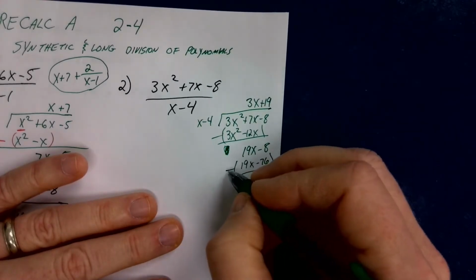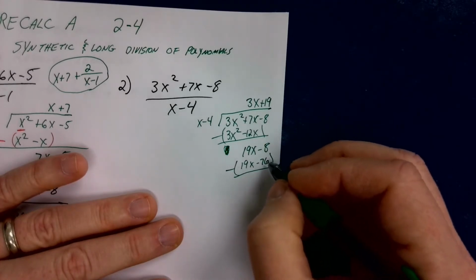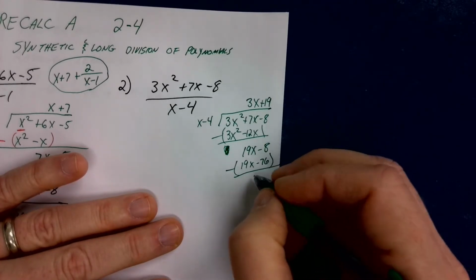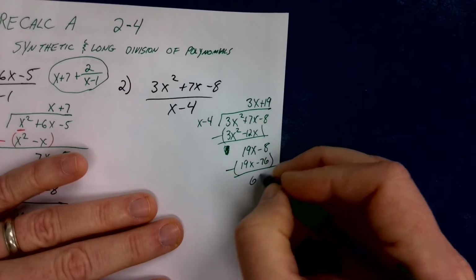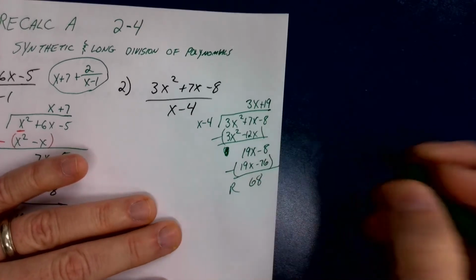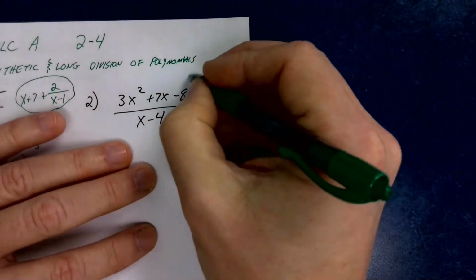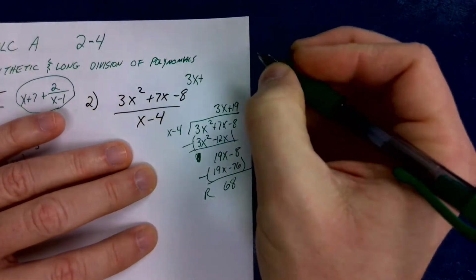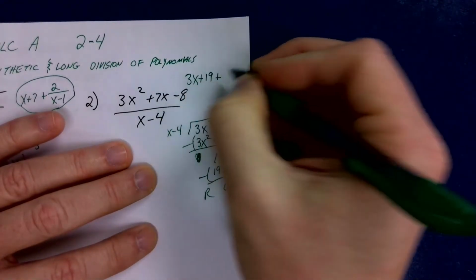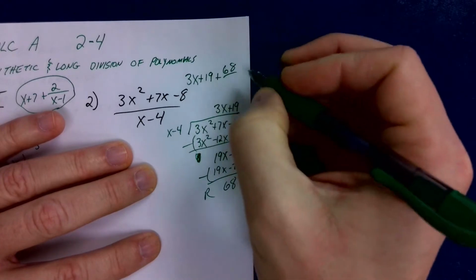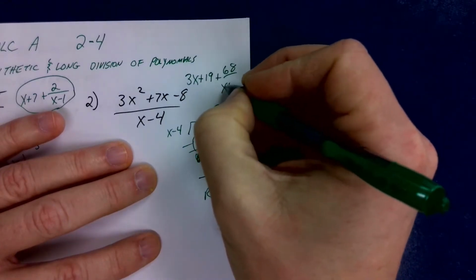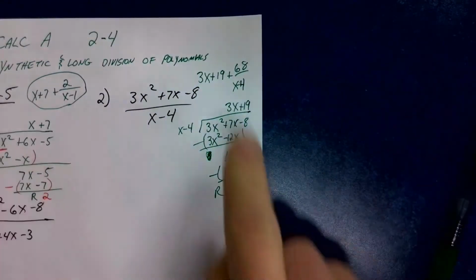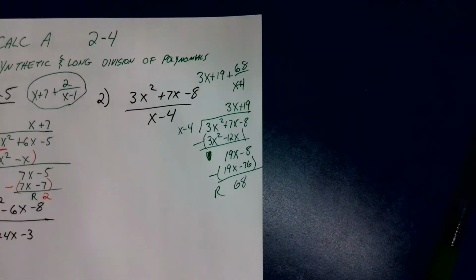Negative 8 minus a negative 76, which means, what is that, 68? 68, and that's my remainder. So, what does it go in? It goes in 3x plus 19 plus 68 over x minus 4. Okay? That's a lot of stuff.